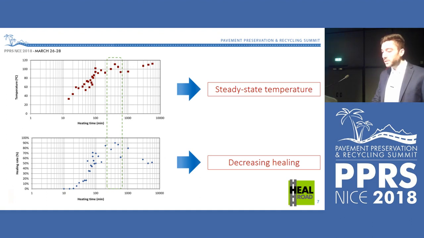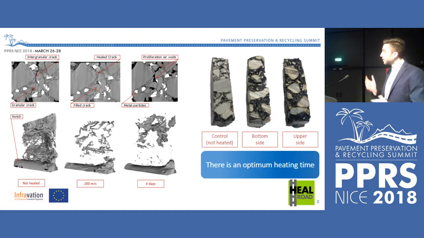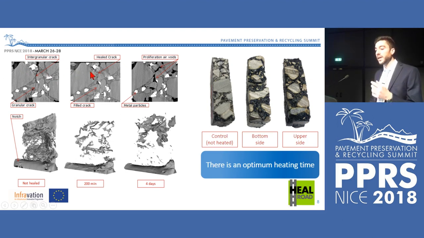Why this happens, we could see, as I show in this picture, a CT scan of the same section when the crack was produced, then after the optimum heating time, and then after overheating the sample. This is a 3D representation of the crack. What you see in gray is actually air, so here is the complete crack. After the optimum, the crack has practically disappeared, but if I overheat it, new air voids appear again.